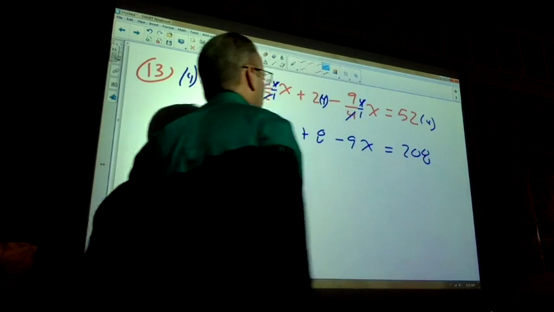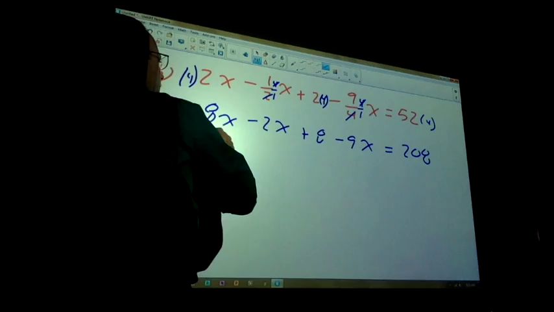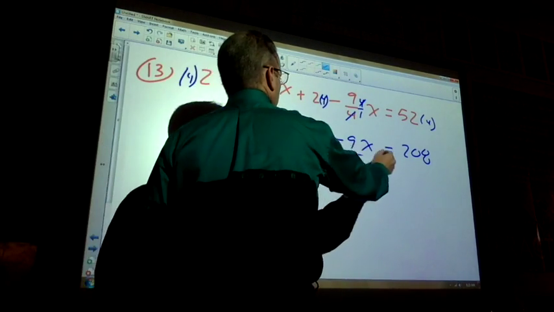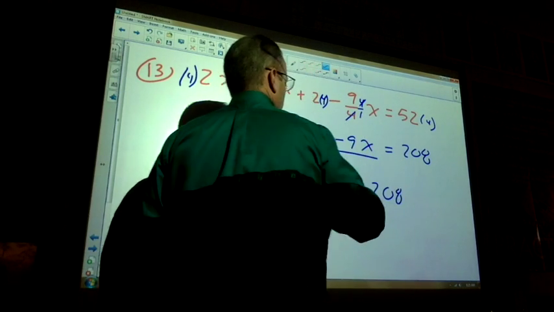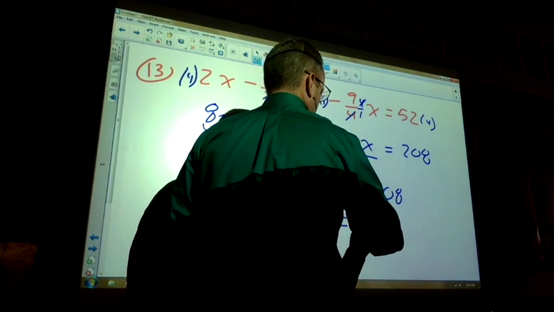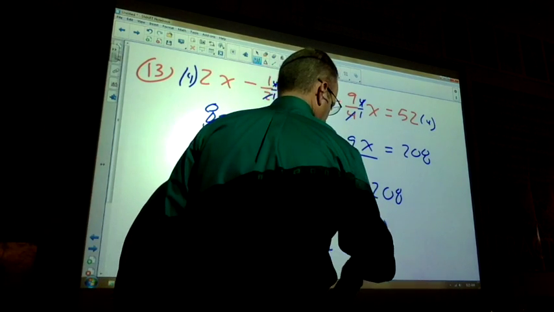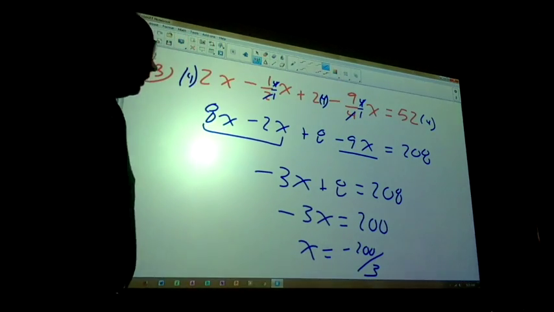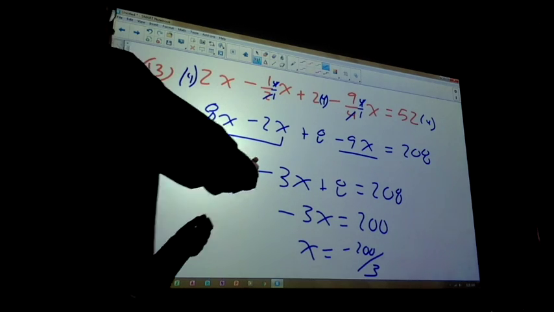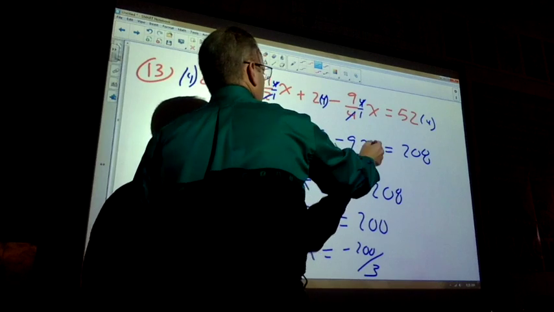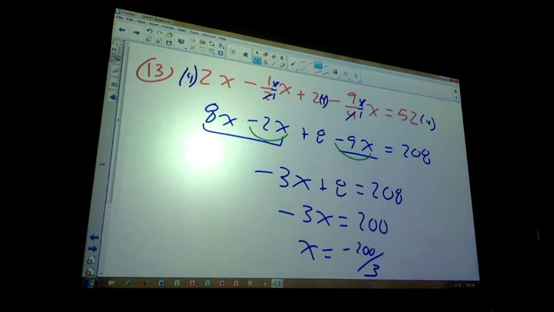Okay. That's 6x, minus, that's negative 3x plus 8 equals 208. Subtract 8. Divide by negative 3. Okay, so I subtracted 2x and 9x first, and I got 1x. Oh, I see what you did. You subtract these two together, that gives you negative 11x. Oh yeah.